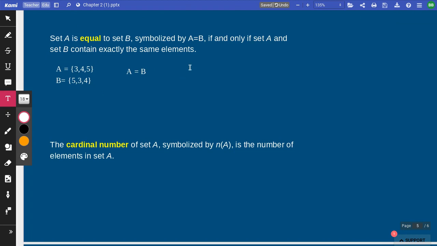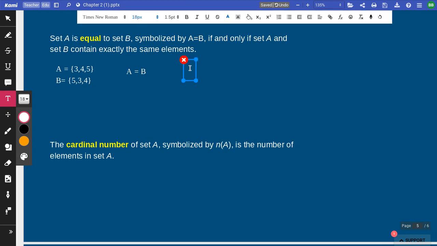Let's try one more example. Let's have A equal, let's say, apple, red, pie. B equals pie, red, apple.